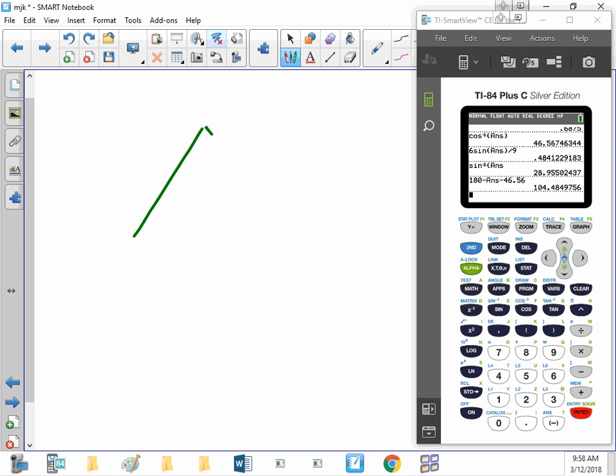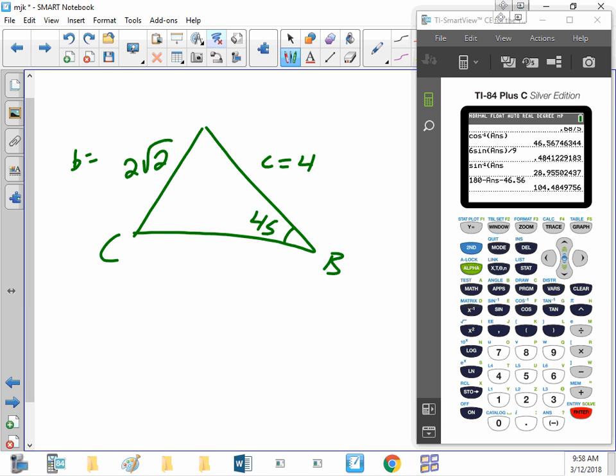So number 32, B is 2 root 2, and angle B is 45. And then C is 4. Oh, man. Why did they do this? Okay, well, I guess we'll do it.